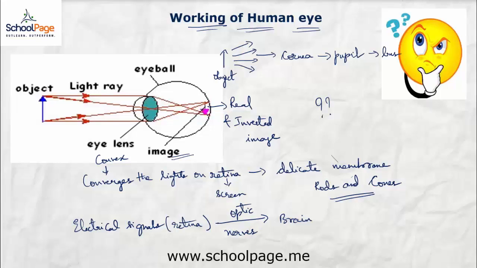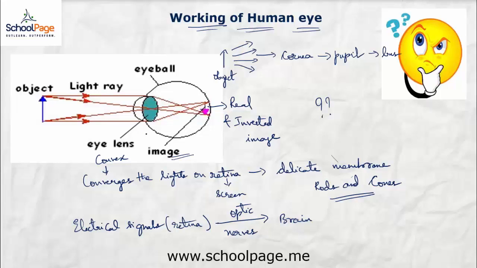So whenever the image is formed on the retina, which is inverted, it is sent to the brain via the optic nerve. The brain interprets these signals and finally processes the information so that we perceive or see the objects as they appear.